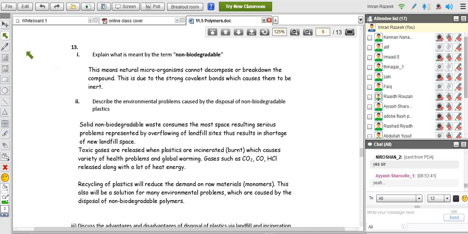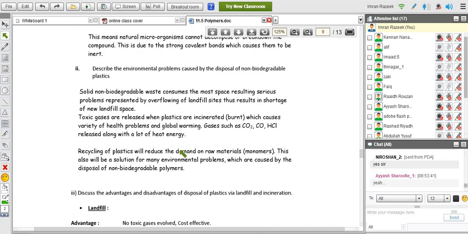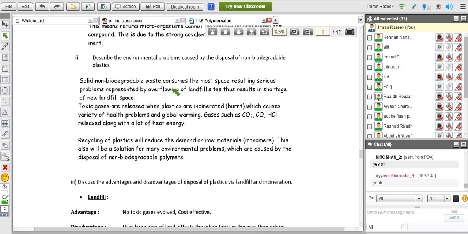because they are non-biodegradable, there are many environmental problems caused by the disposal of these plastics. As they don't decay or decompose, they consume a lot of space, so we need a lot of landfill space. If you burn these plastics, a lot of toxic gases are evolved, which cause various health issues as well as global warming.